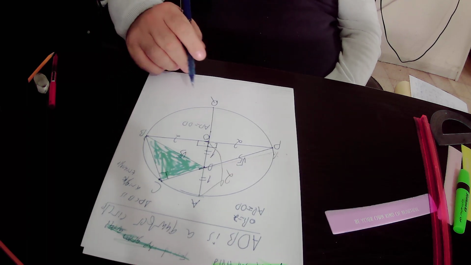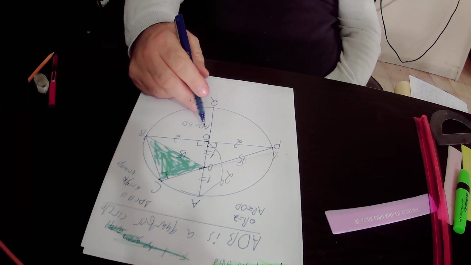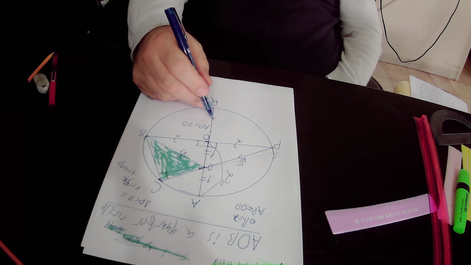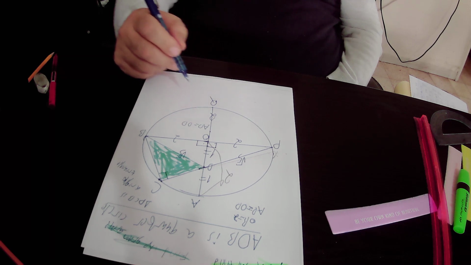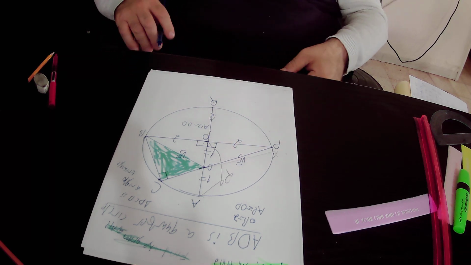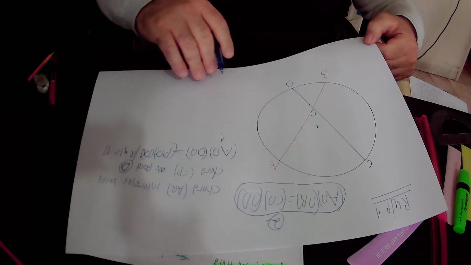What is the length of OQ? O is the center of the circle, Q is the point of the circle itself. That is to say, this is exactly the definition of a radius. OQ is the radius of the circle, that is equal to 2 units according to what is given in the question. So what is the length of DQ? DQ equals 1 plus 2, that is 3. DQ equals 3 units.